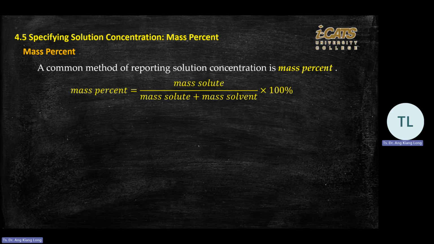So basically, mass percentage equals the mass of solute, in this case 36 grams of NaCl, divided by 36 grams NaCl plus 100 grams of H2O.